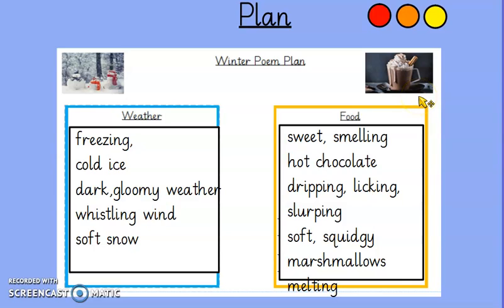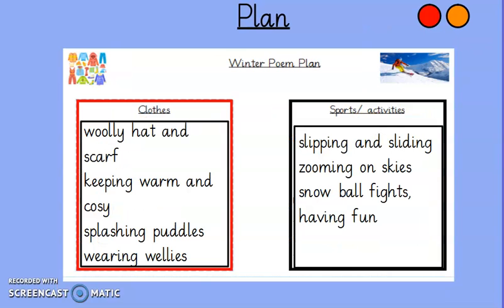So I've got sweet smelling hot chocolate dripping, licking, slurping, soft squidgy marshmallows melting. For clothes, I've got woolly hat and scarf, keeping warm and cozy, splashing puddles, wearing wellies. For sports, I've got slipping and sliding, zooming on skis.